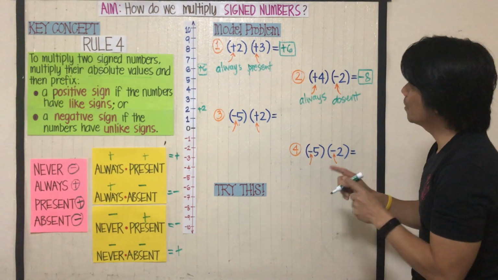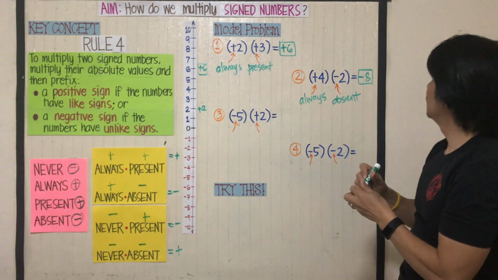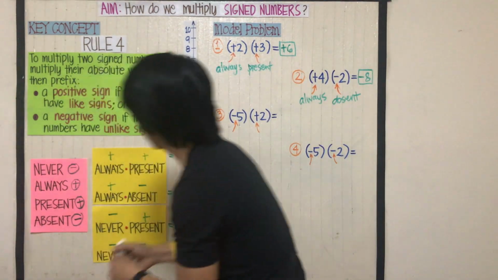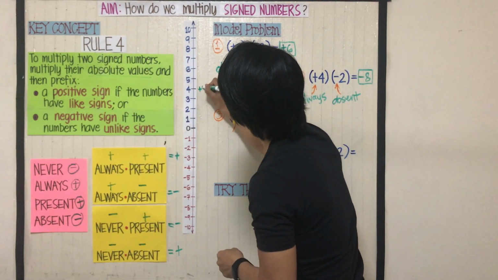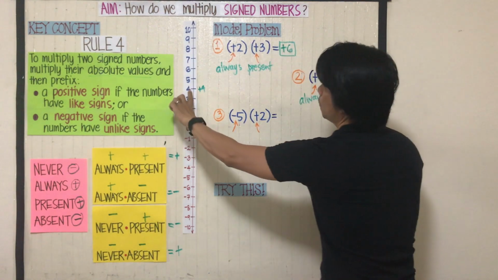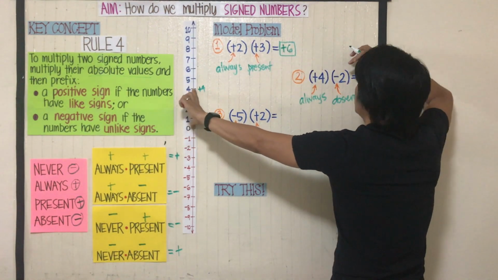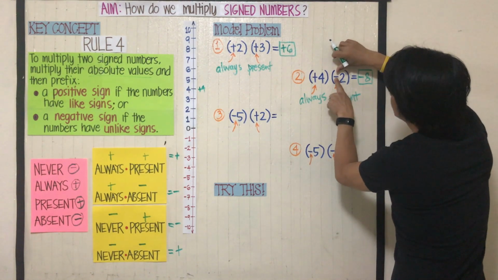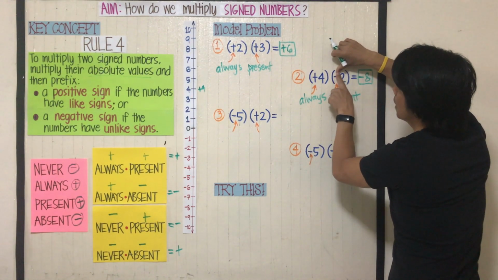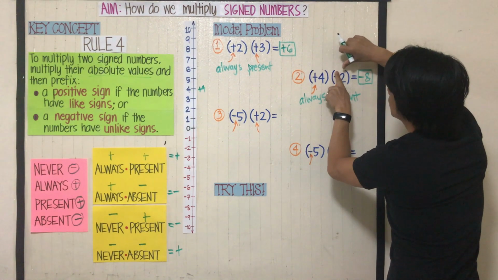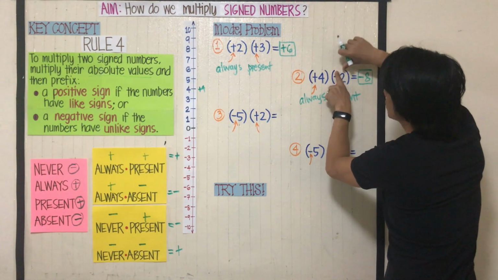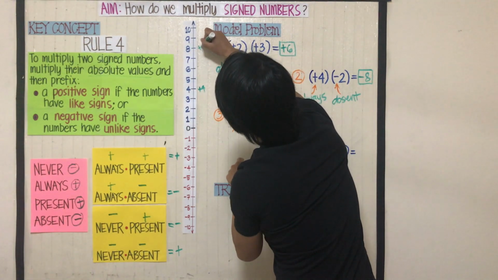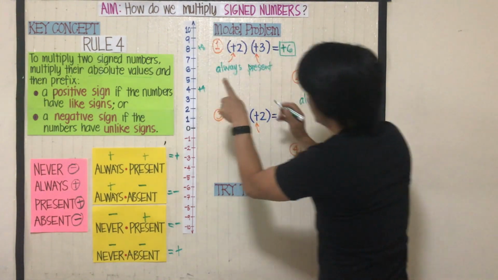Got it? Now how do you verify it using the number line? Positive 4 is right here. Now, how many of positive 4? You need to ignore the negative sign for now, so it's going to be 2. So 4 times 2, you double it and you'll end up on positive 8, right?